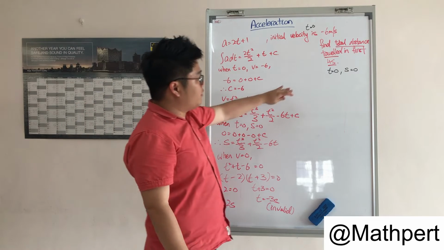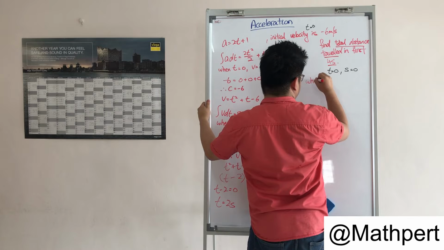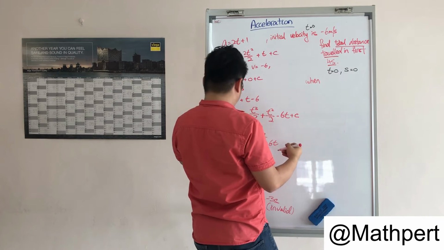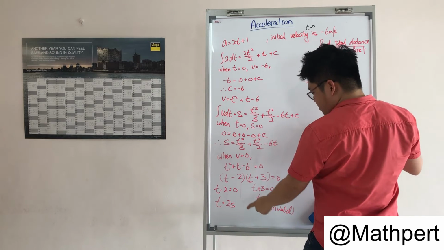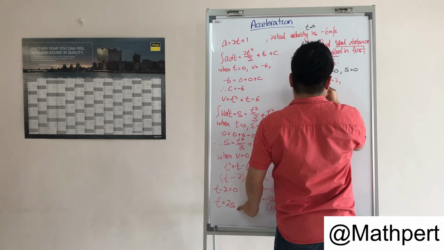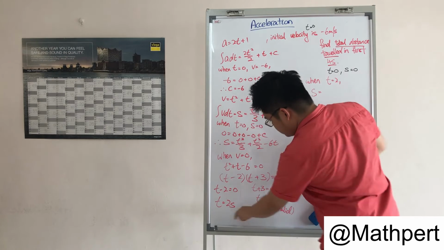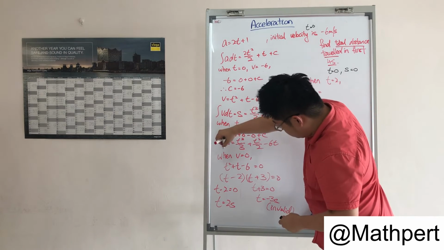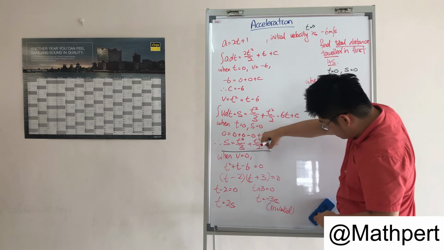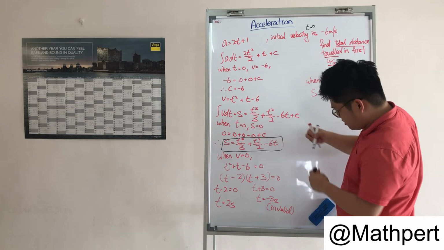We are asked to find the first 4 seconds. So from t = 0 to t = 2, the equation of s is here. This is the s equation.